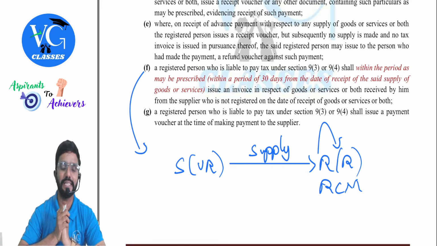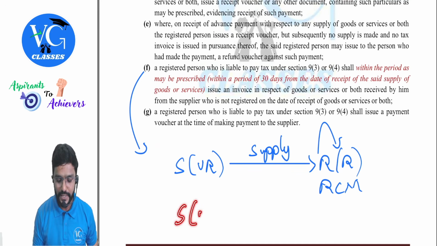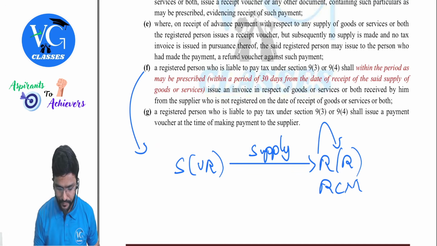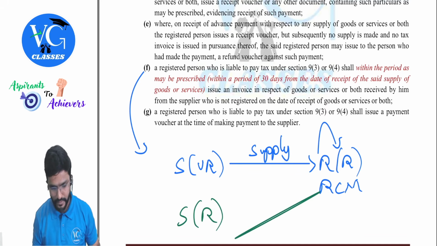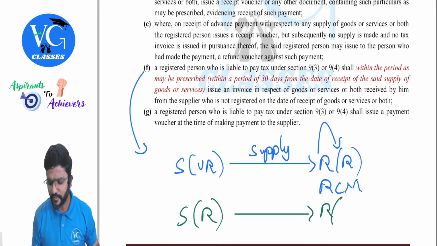Got it? Yes, sir. And please be careful, guys. This is only when supplier is not registered. Sir, what if supplier is registered? Okay, let me mention that also. If supplier is registered and there is a supply, recipient is also assumed to be registered. Whenever RCM is applicable, they are supposed to get registered.